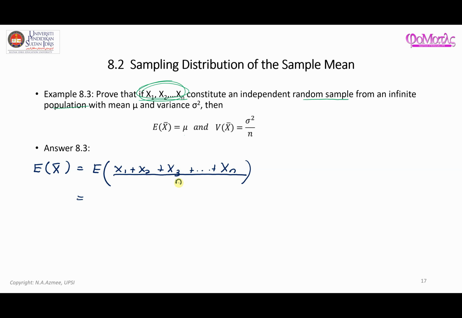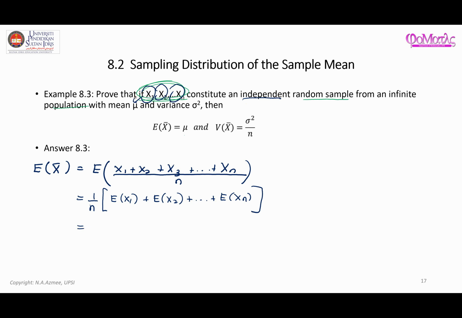Now 1 over n here is a constant. We can take it out, so put it outside. Therefore here we have 1 over n times the expected value of x1, separate them accordingly, plus the expected value of x2, plus and so on, plus the expected value of xn. And it says here that each of x1, x2, up to xn are independent and they come from the same population.